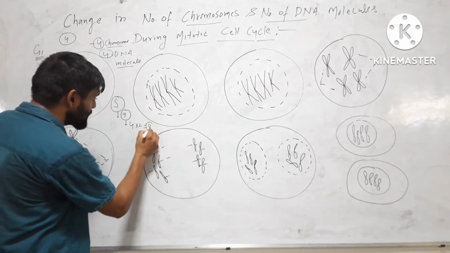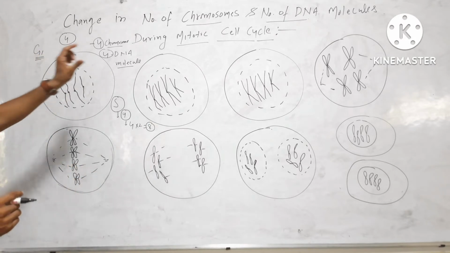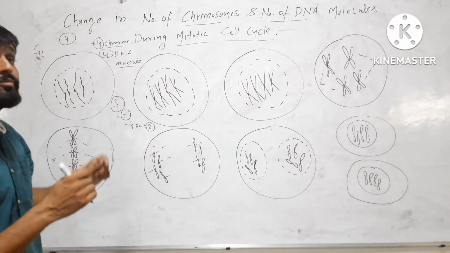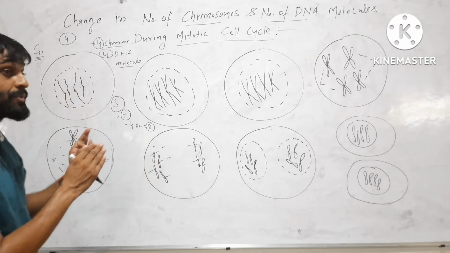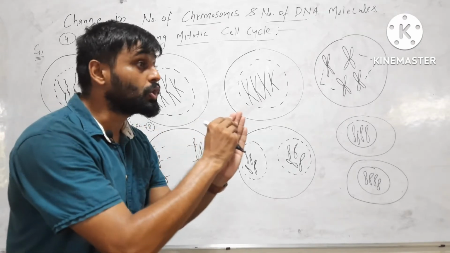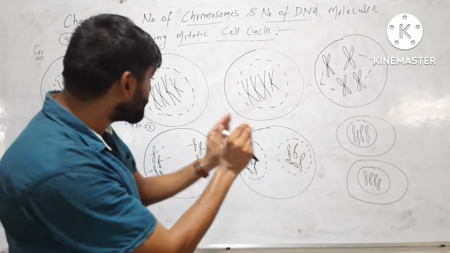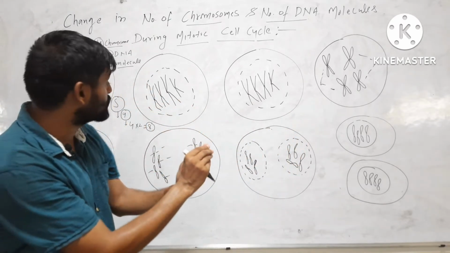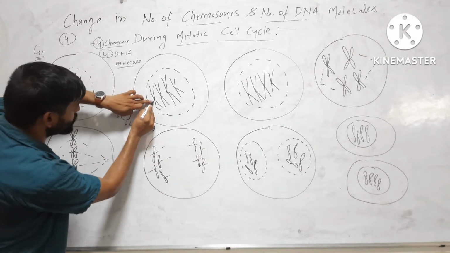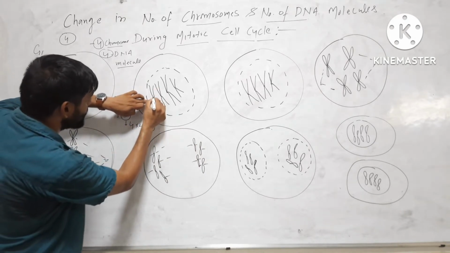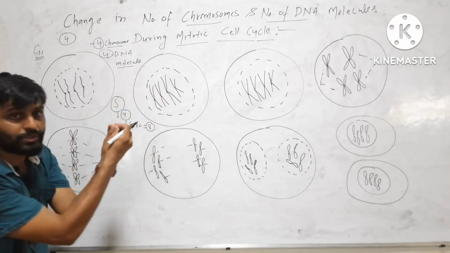but DNA molecule here will become doubled. That is 8. Why? Because at S phase, DNA molecule will replicate itself, but after replication, it will not detach from its parent DNA molecule or parent chromosome. It will remain attached. Look, this is the same chromosome. It makes a copy of itself and this copy remains attached to that.